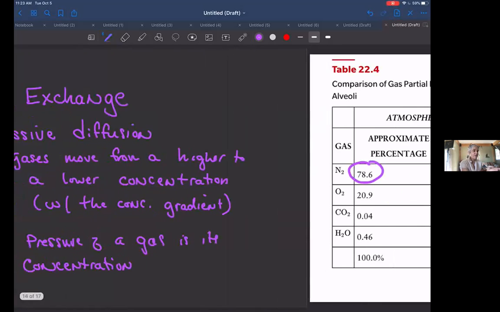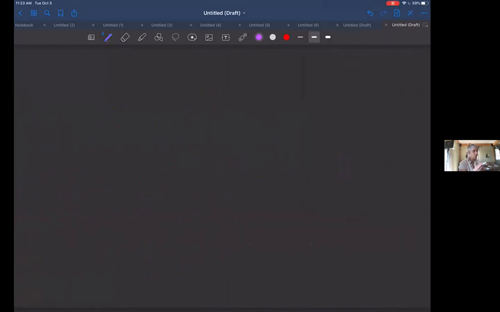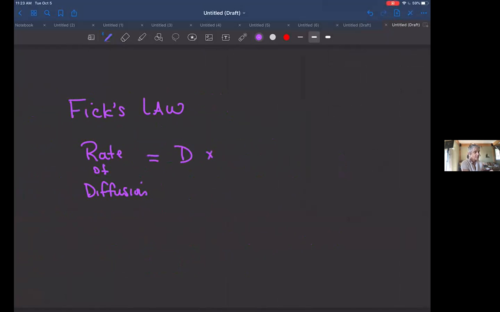So let's look at a formula that determines the rate of diffusion. The rate of diffusion can be described by what I'm going to call Fick's law. Fick's law is rate of diffusion is equal to big D, and I'll explain what that means in a minute, times surface area times delta P, which is the difference in partial pressures, over little d. Definition: big D is a constant.